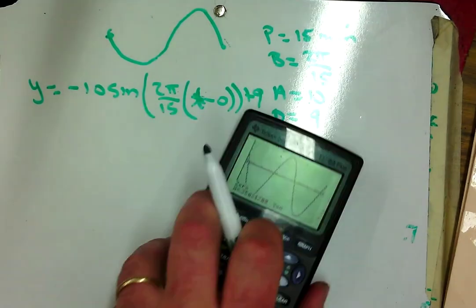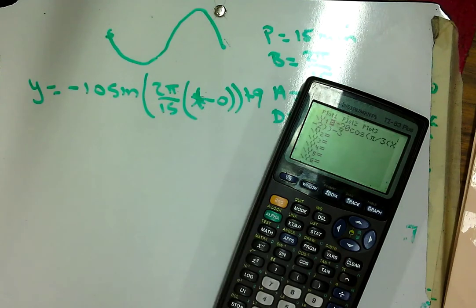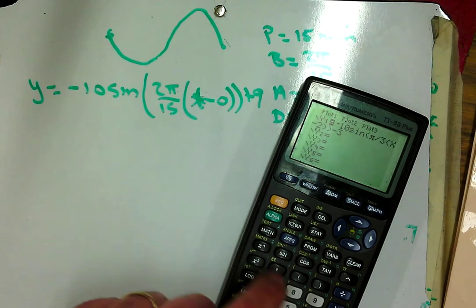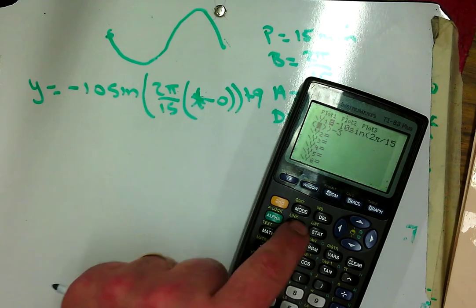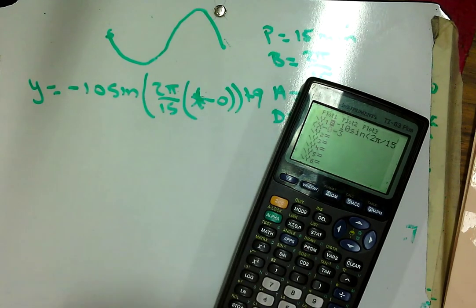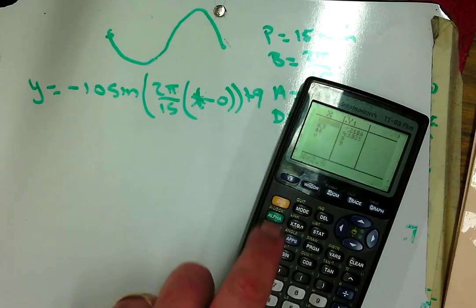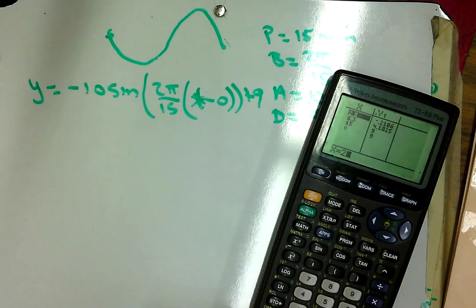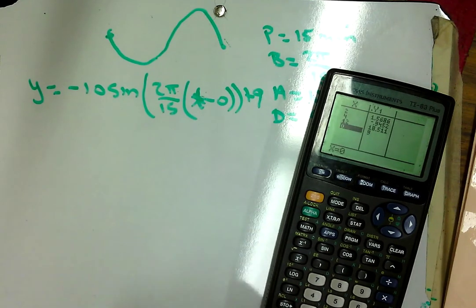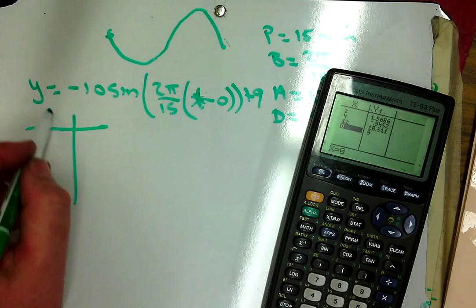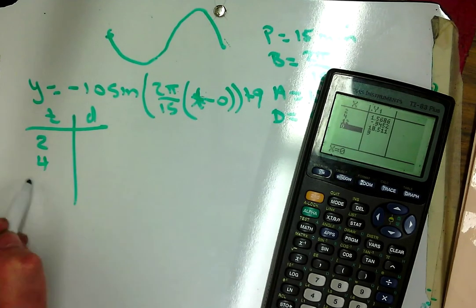So I'm going to type this into my calculator: negative 10 sine 2 pi divided by 15, x minus 0 plus 9. And I want to know at 2 minutes, at 4 minutes, and at 12 minutes.